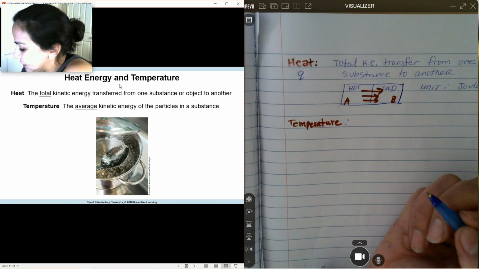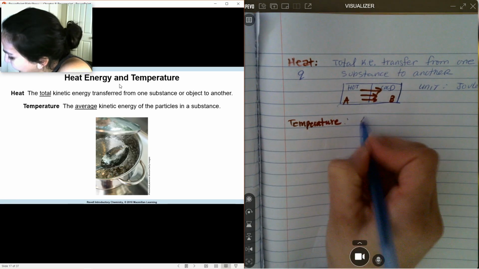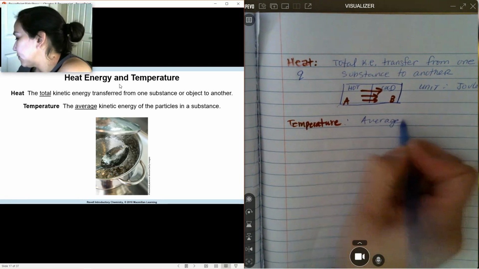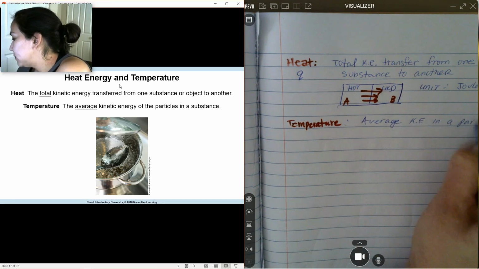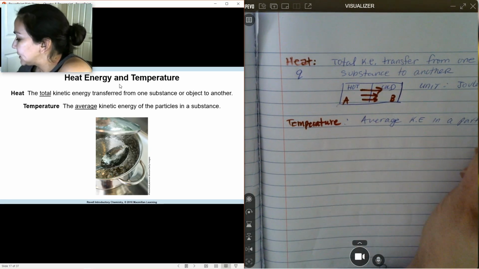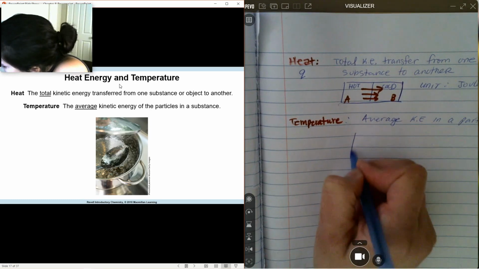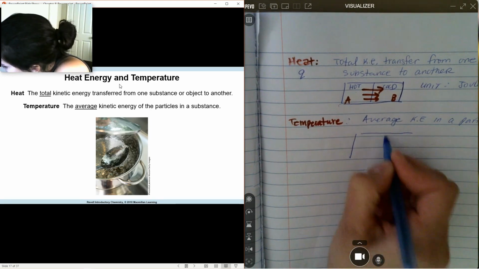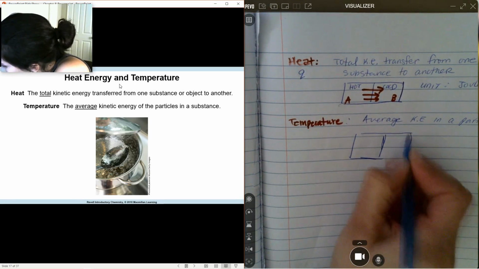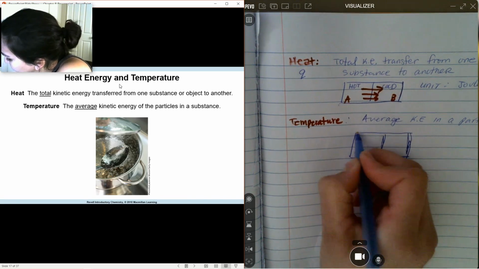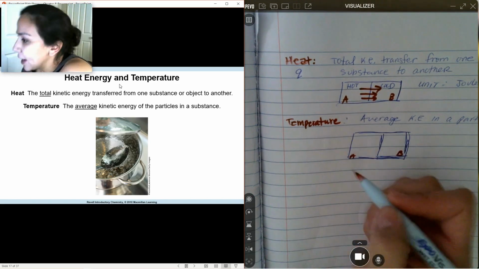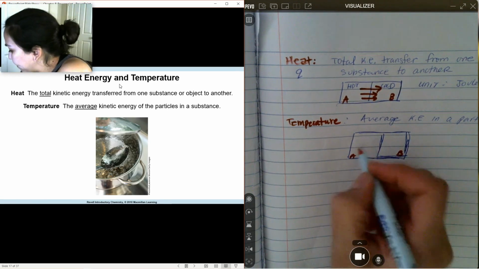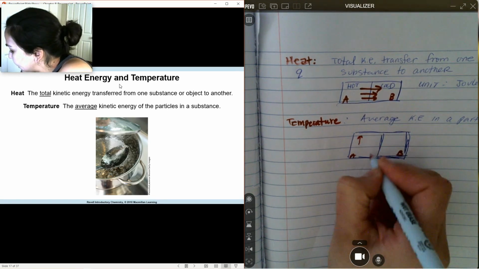Temperature is different. Temperature is the average kinetic energy in a particle. So that is different. That means if I have the same two containers, okay, remember we have A and B. And in this case, A, it's hot, right?